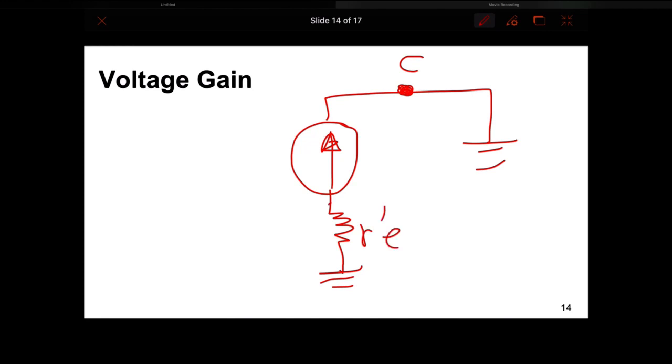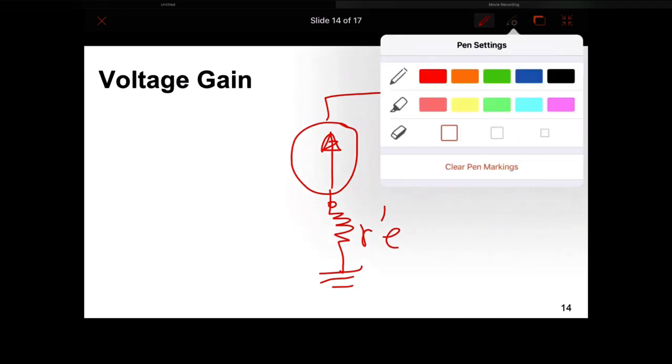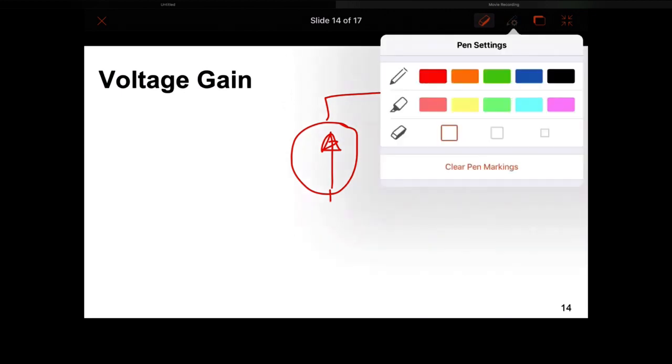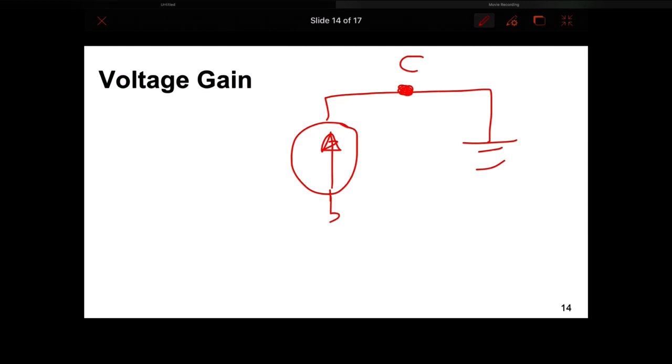R prime E is the AC resistance of the emitter. It doesn't go there, sorry, I drew it wrong.